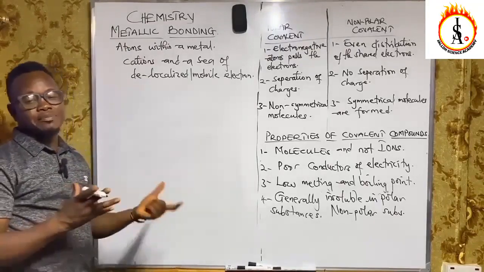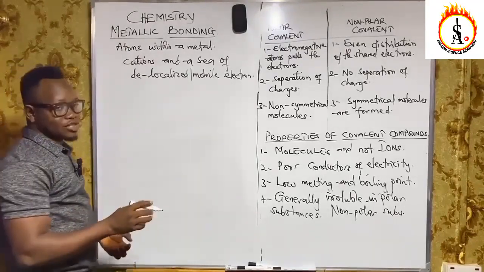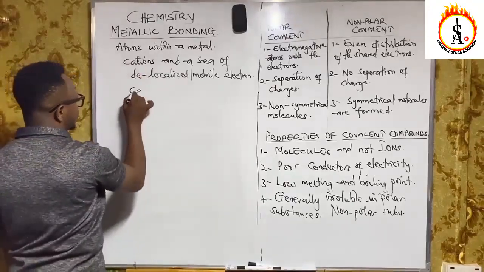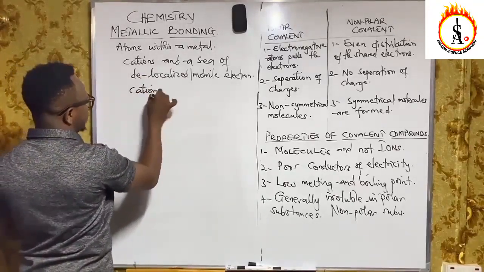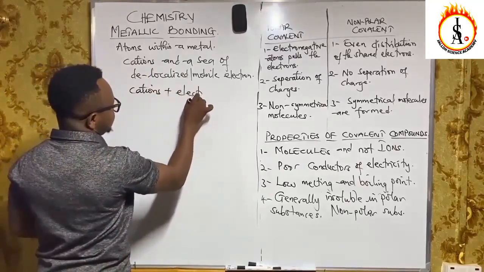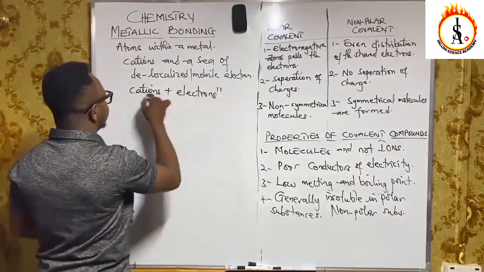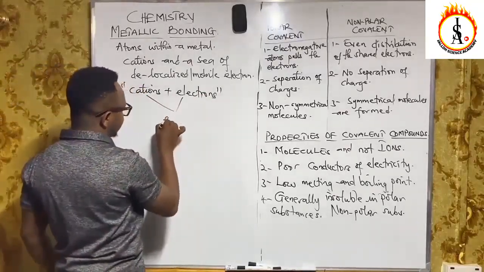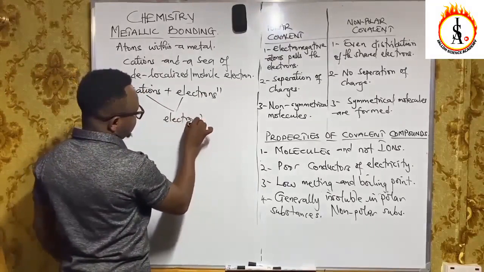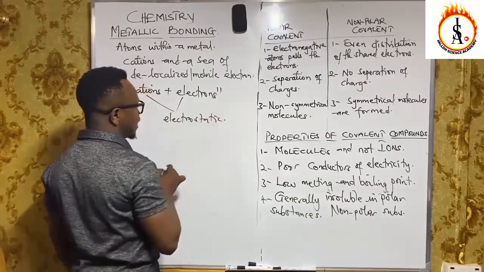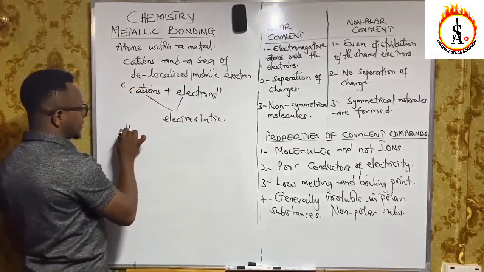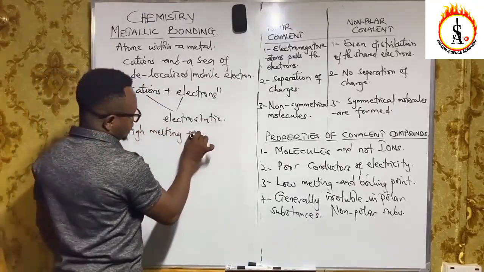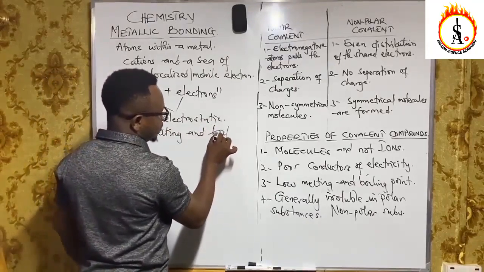The high melting and boiling point of metals is as a result of the strong electrostatic force of attraction between the cations here and the sea of delocalized electrons. So the strong electrostatic force of attraction that binds these together give rise to metals having high melting and boiling points.